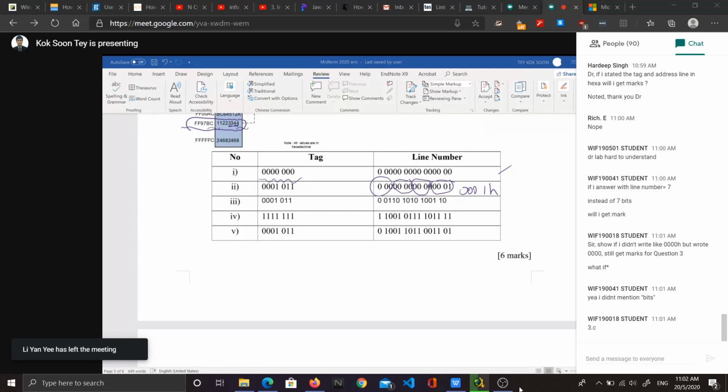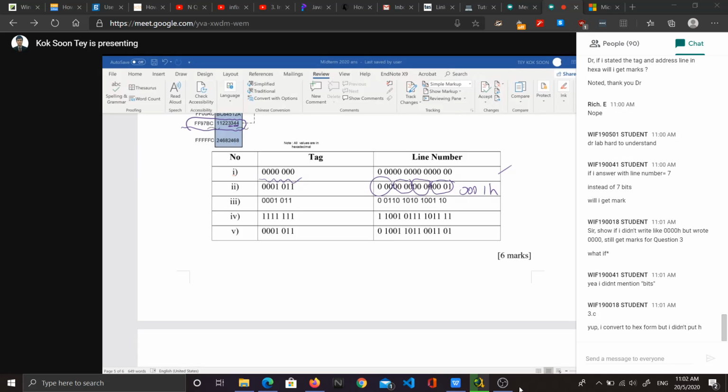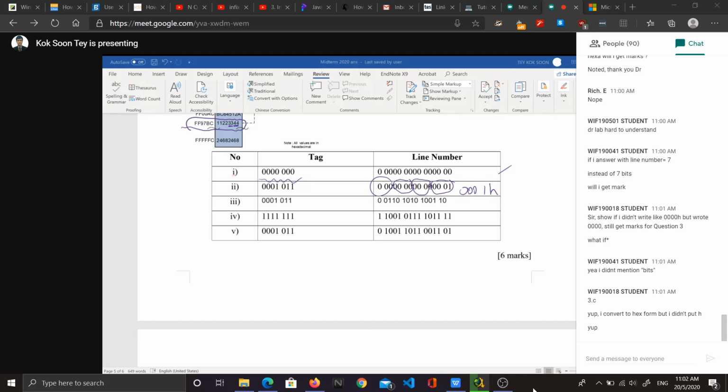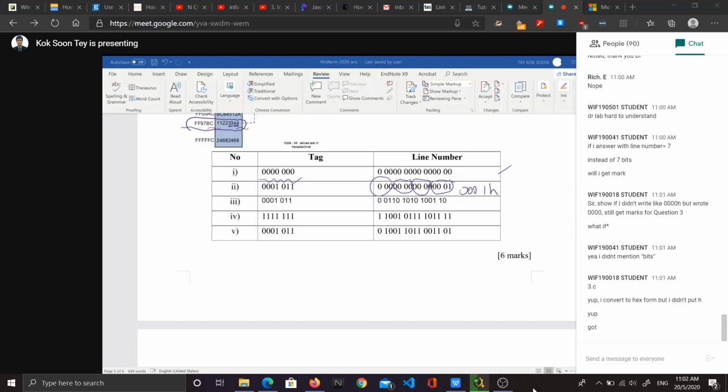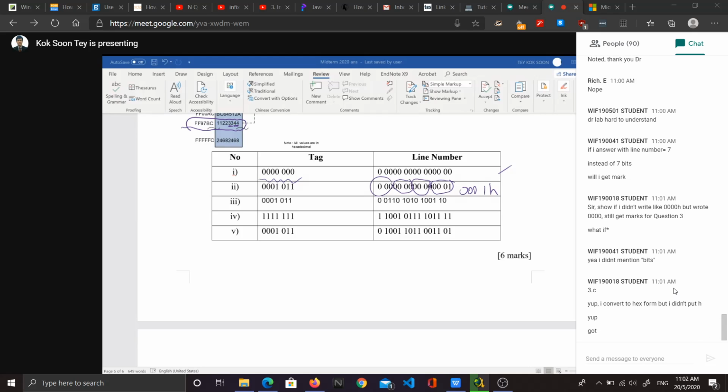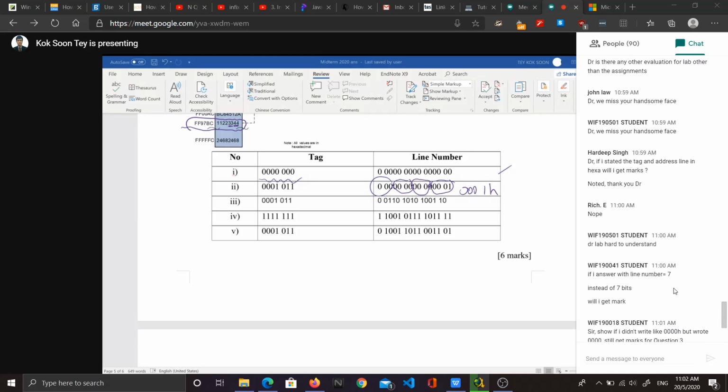Should be okay, but in the exam it is better to inform whether it is in hexa or what. Because if you do in hexa, I think the other questions will have ABC, right? So I think the examiner should know that it is a hexa number. Okay, any other questions?